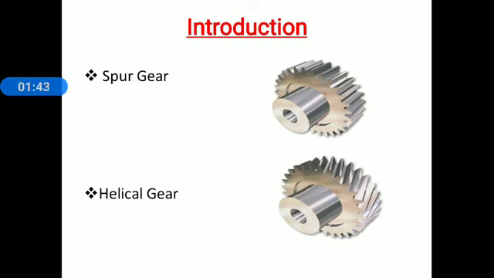Now, in case of a helical gear, the contact between meshing teeth begins with a point on the leading edge of the tooth and gradually extends along the diagonal line across the tooth. There is a gradual pickup of load by the tooth, resulting in smooth engagement and quiet operation even at high speeds. This is the very important thing about the helical gear.